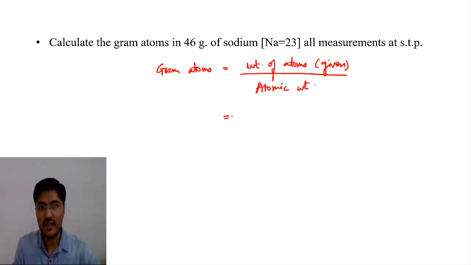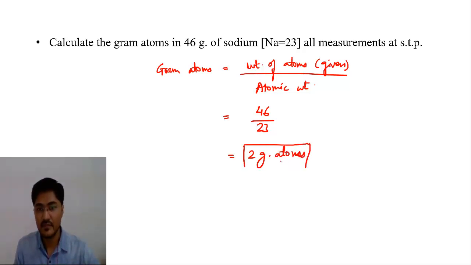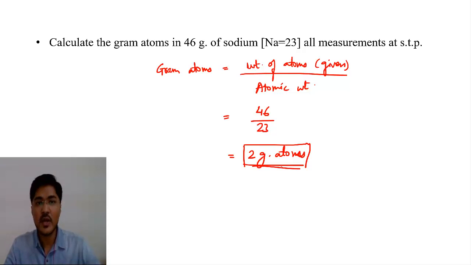So we get the answer 46 divided by 23, which comes down to 2 gram atoms, and this will be your final answer. That's a very simple question, guys, and never miss this. Now let's look at the next question.